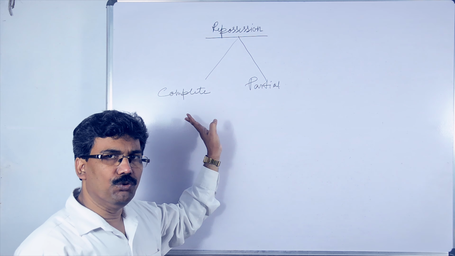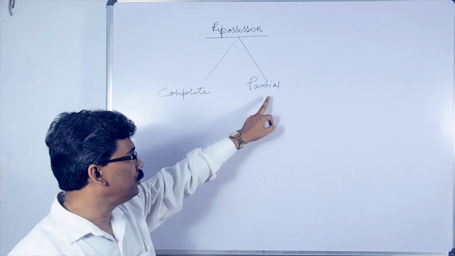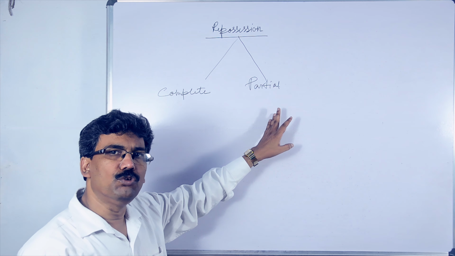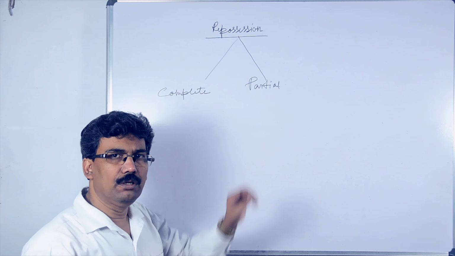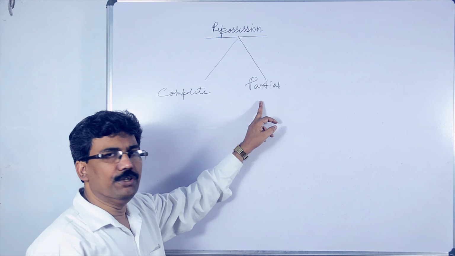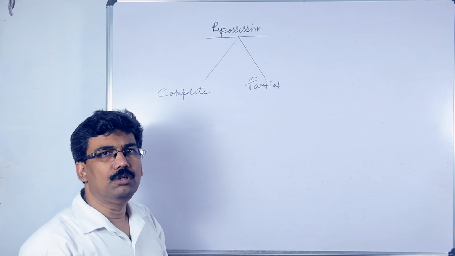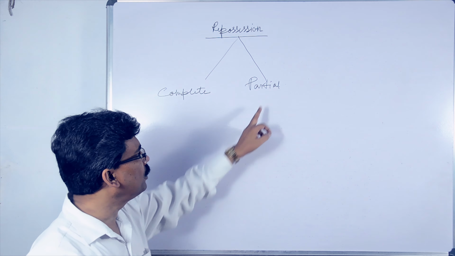In case of partial repossession, all the assets sold are not taken over due to the default of the buyer. A part of the assets sold by the seller is taken over from the buyer. That is why it's called partial repossession.